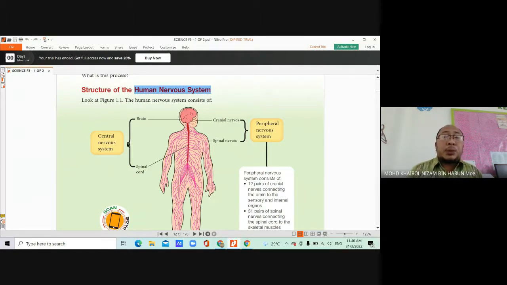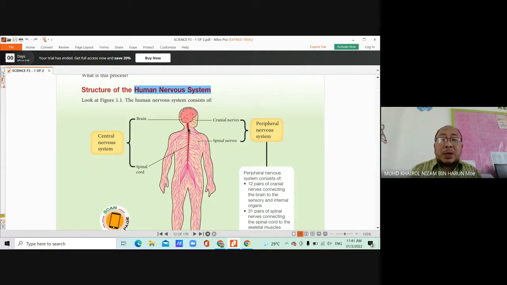So it is divided into two, central nervous system and then peripheral nervous system. The central nervous system includes the brain and spinal cord. This is the brain, otak manusia, and then connected with the spinal cord that is inside our backbone, yang ada dalam tulang belakang.